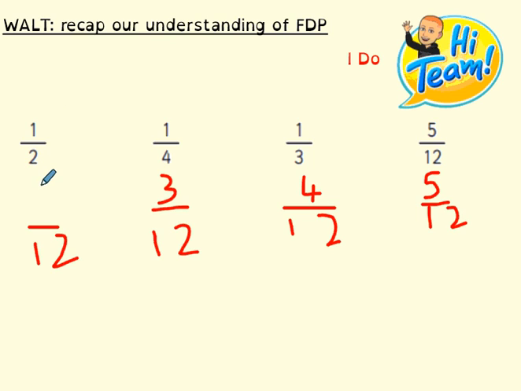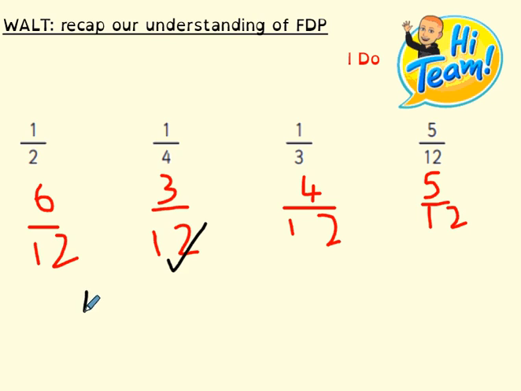If I was then to put them in my original fractions in order, starting with the smallest, I can see that using my equivalent fraction knowledge, because all these are the same denominator, it all makes it nice and straightforward. I can see that out of the fractions I have here, 3/12 is the smallest, so I can tick that one off, write my original fraction, which is 1/4.